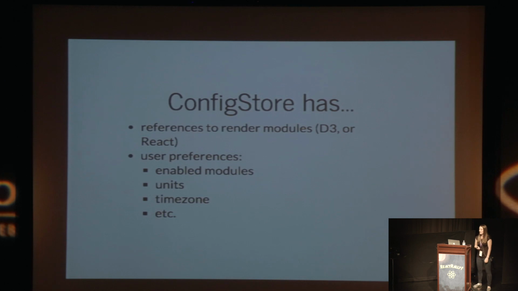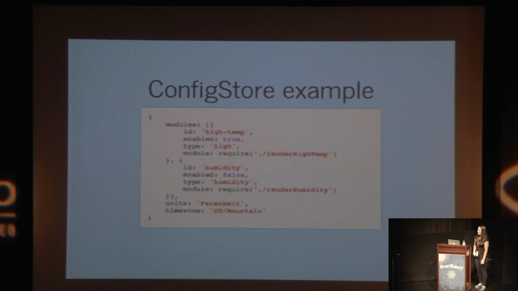One of the main things the config store contains is references to the rendering modules for particular types of data. And then it also tracks things like the user preferences, units, maybe time zone for display. So here's a simplified example of what the data in a config store might actually look like. As I said, there's an array here of rendering modules. They each have an ID, an indication of whether the module is enabled.